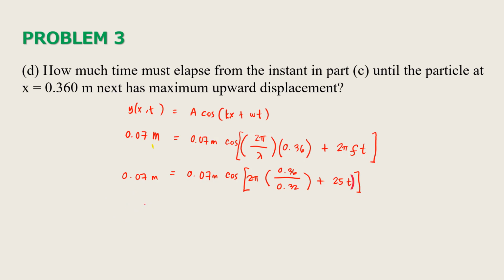So on the left side of the equation, we have 1 equals, we're left with cosine 2 pi, and then this is equal to 1.125 plus 25t.